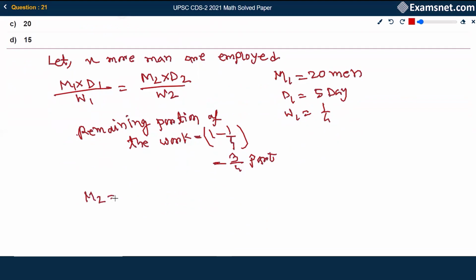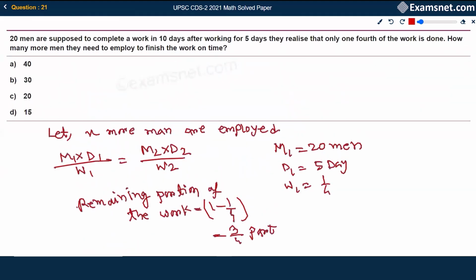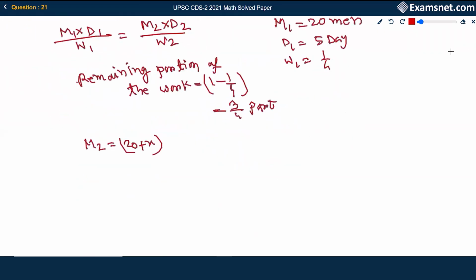Now we are going to find that, let's say x more men are employed. That means in the next case 20 plus x men are there. They will be taking 5 days, because it has to be finished within 10 days. So D2 is 5 days, and W2 equals 3/4 part. That is the portion they have to complete.